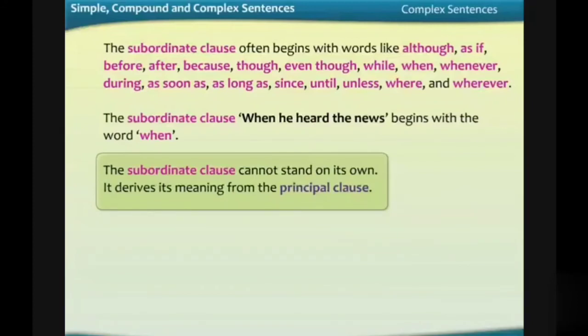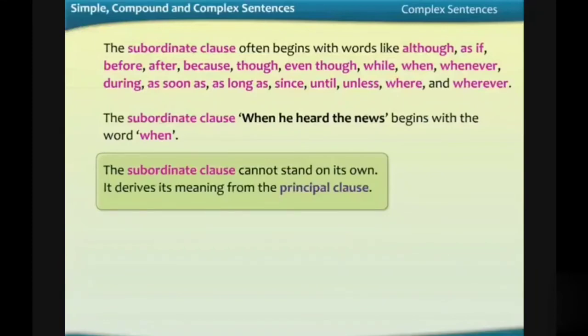We know these are all subordinating conjunctions. When a sentence or a part of a sentence starts with these words, we can say it is a subordinate clause.